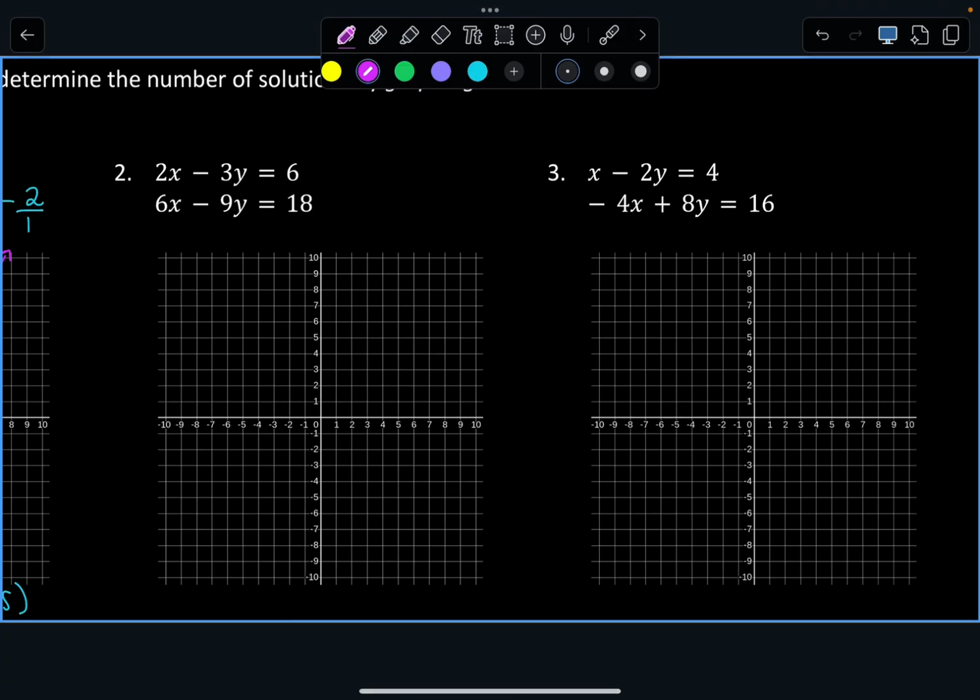For that top equation, we have to subtract 2x, and then divide by -3. When we rewrite it, this becomes y equals 2/3x minus 2. So again, subtract 2x from both sides and then divide everything by -3.